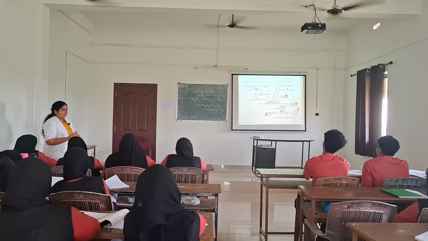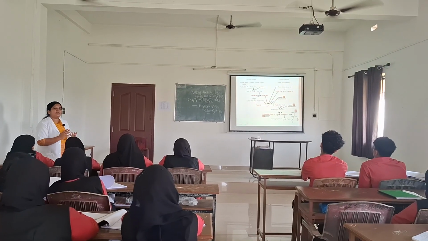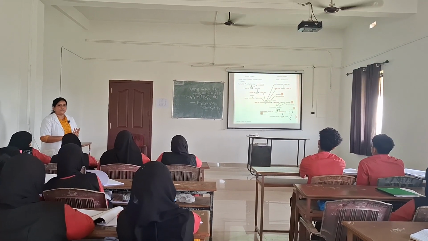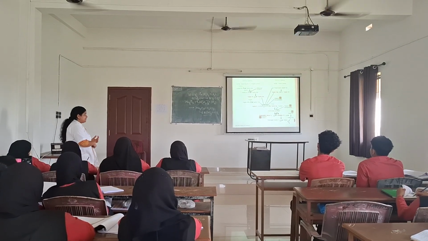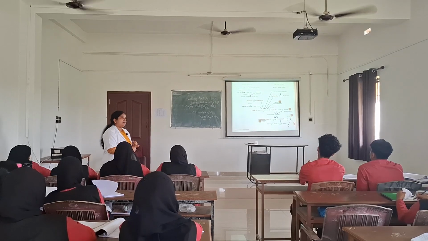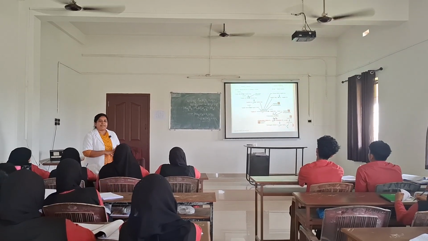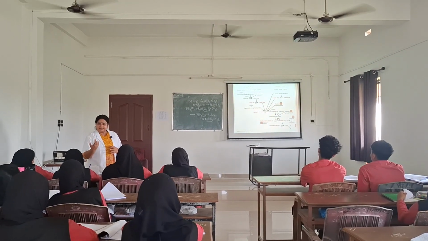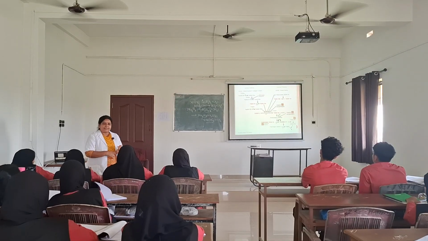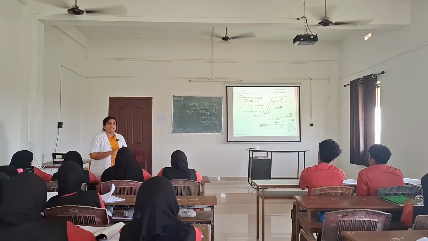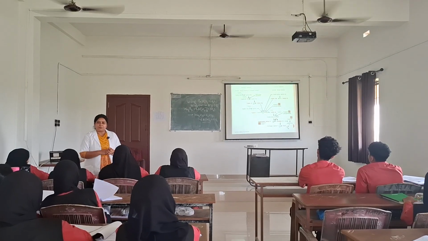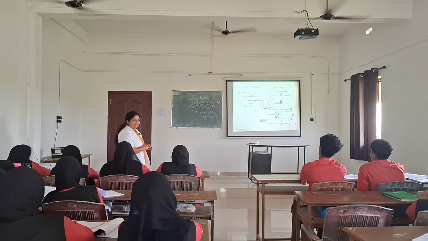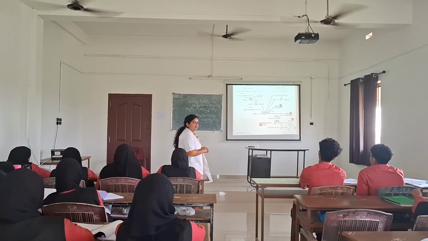In the meantime, thrombin also converts inactive clotting factor 8 to active clotting factor 8. Active clotting factor 8 and active clotting factor 9 convert inactive clotting factor 10 to active clotting factor 10. Active clotting factor 10, clotting factor 5 and phospholipids together form an enzyme known as prothrombinase. This is the intrinsic pathway. Clear?